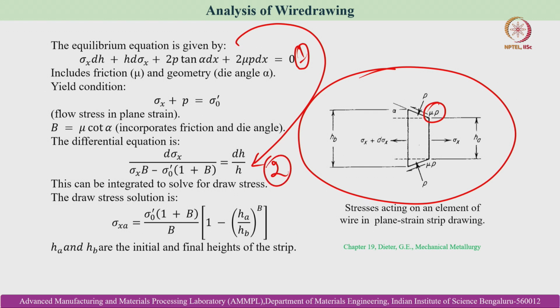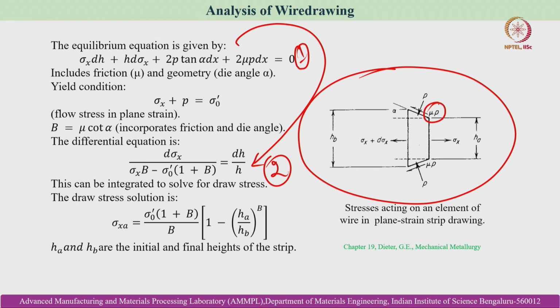So, d sigma x by sigma x b, where b is equal to mu cot alpha, incorporating that into equation 1. So, d sigma x by sigma x b minus sigma 0 prime into 1 plus b. Sigma 0 prime we are introducing here because sigma 0 prime is equal to sigma x plus p. This is equal to dh by h.